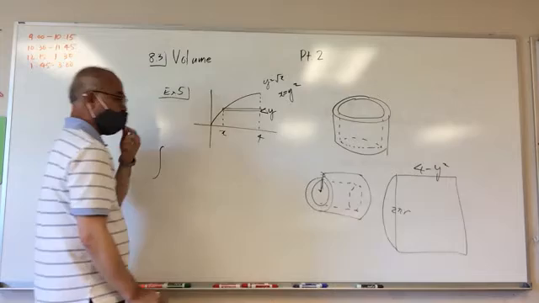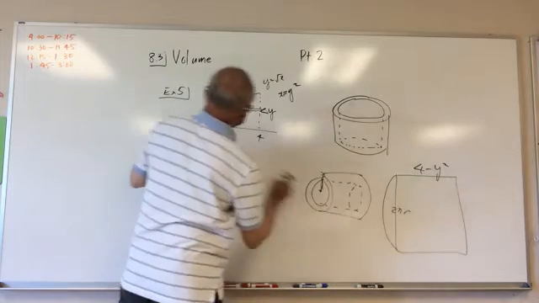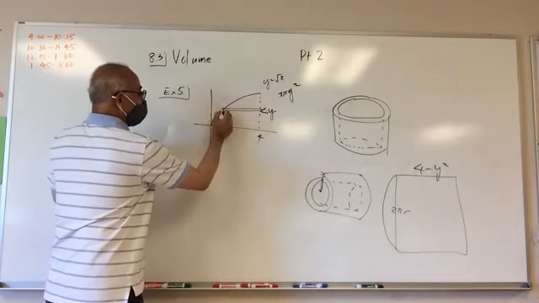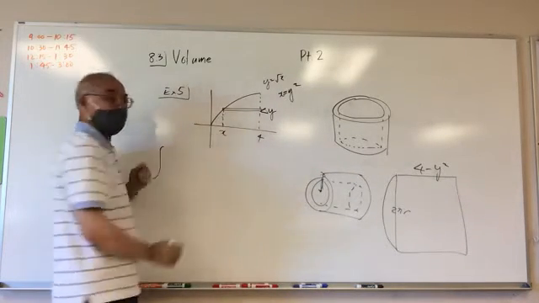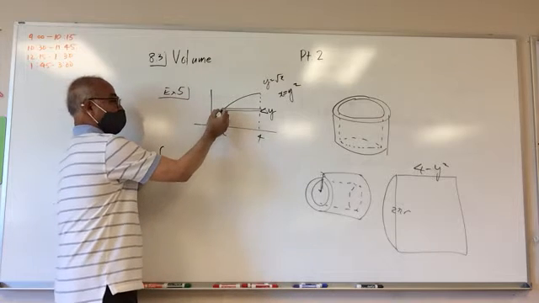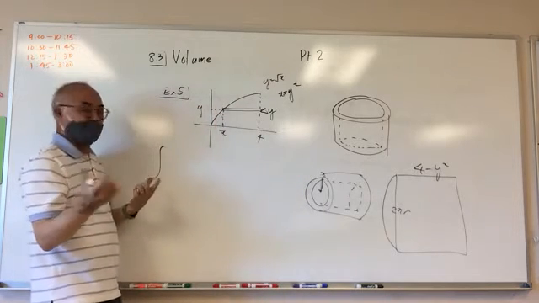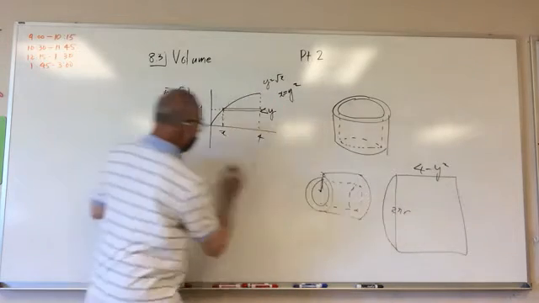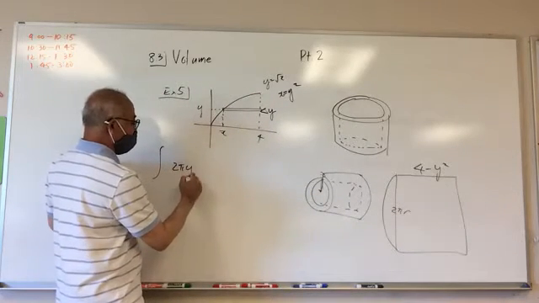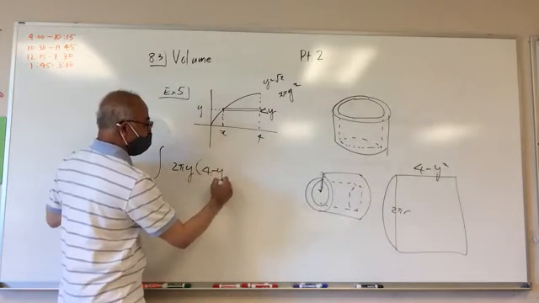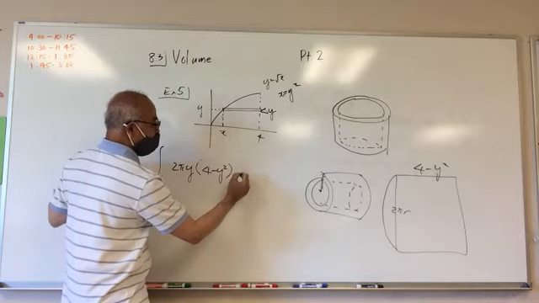My volume will be 2 pi r, and what is r? This is just y, since this is x and the corresponding one is y. So this is 2 pi y times 4 minus y squared dy.